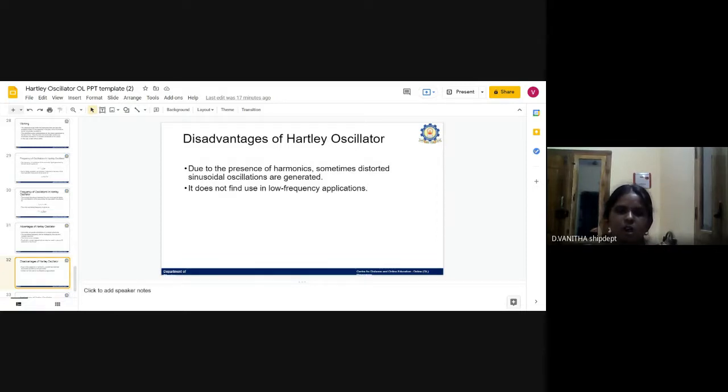This harmonic content is due to the frequency equivalence between the inductors and the capacitors. So it is not used in low frequency applications. These types of Hartley oscillators are used in high frequency applications only.